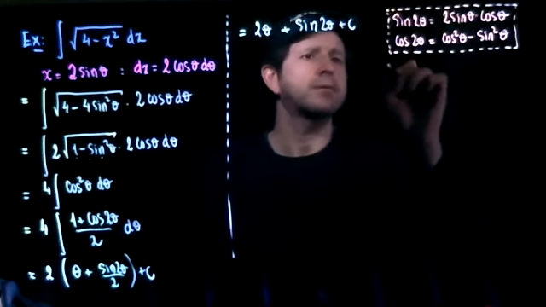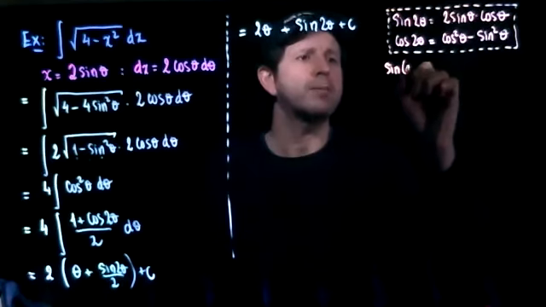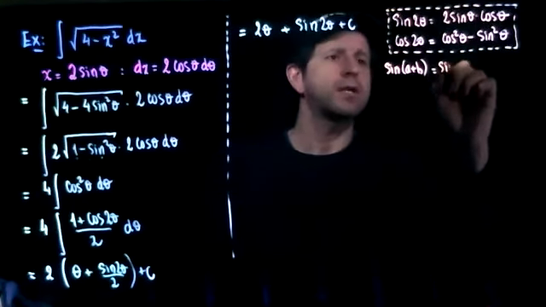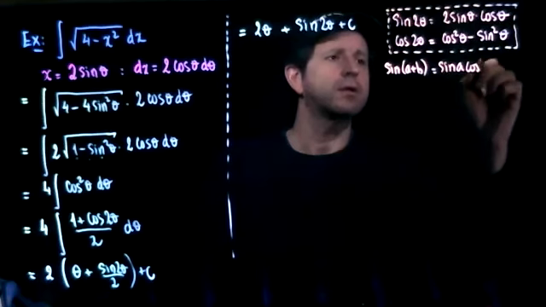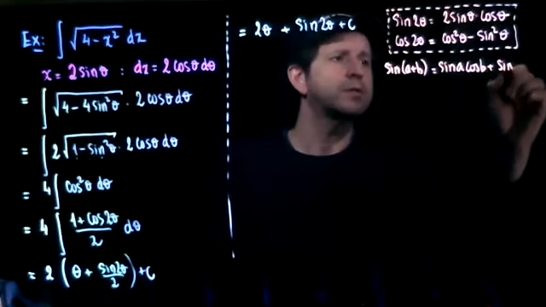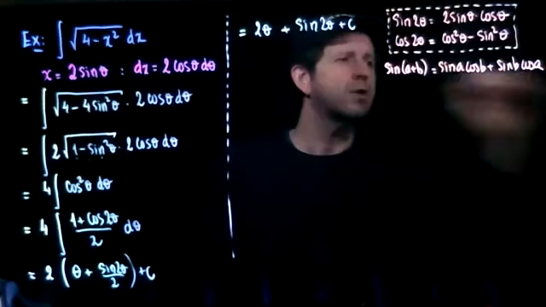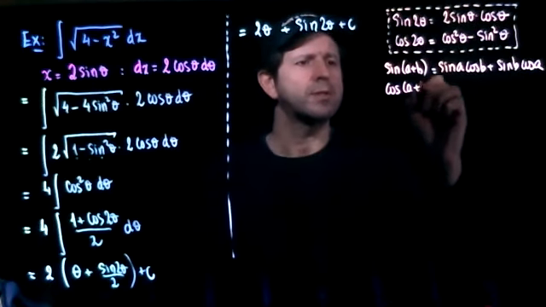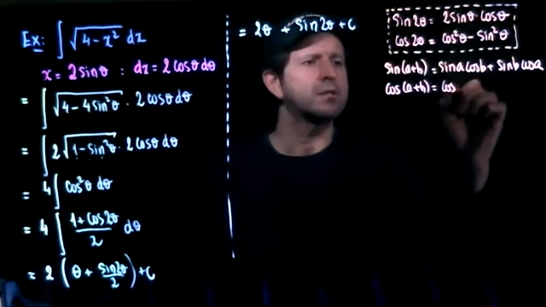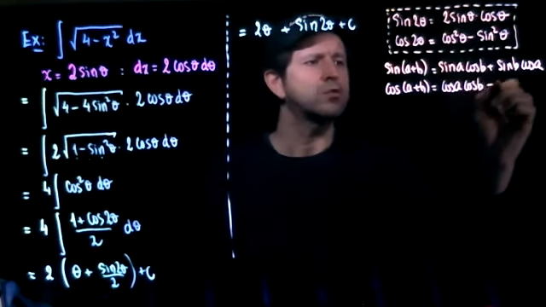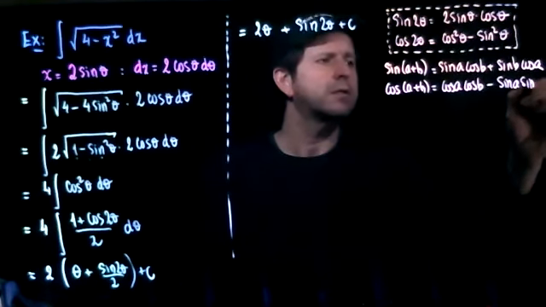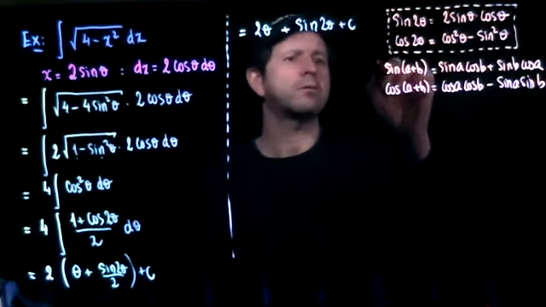Sine of a plus b is sine a cos b plus sine b cos a. And then cos of a plus b is cos a cos b minus sine a sine b. Okay, so here are the identities.